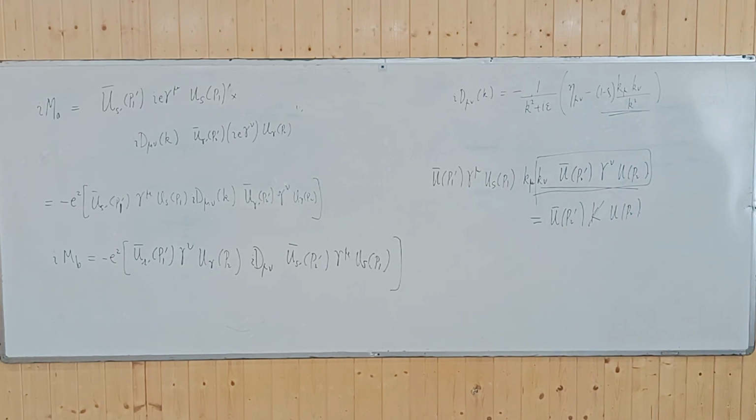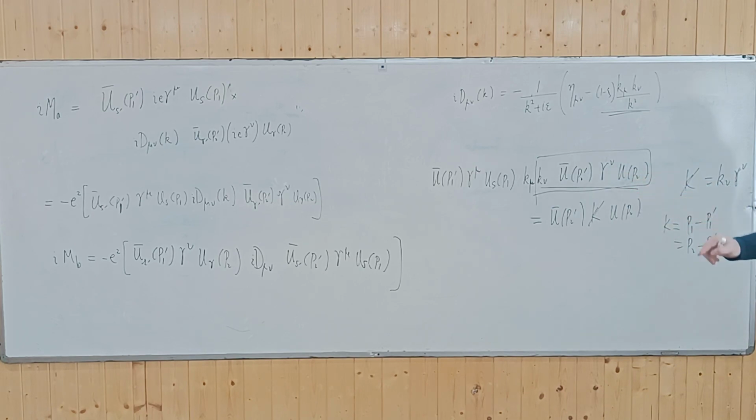Can I write that? What is k slash? k slash is equal to k nu gamma nu. Now tell me what is our k? If you remember, k is how much? p1 minus p1 prime, and p2 minus p2 prime. This is the direct process.